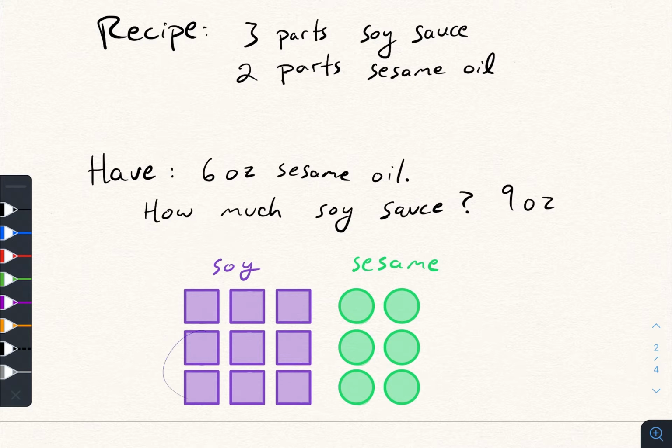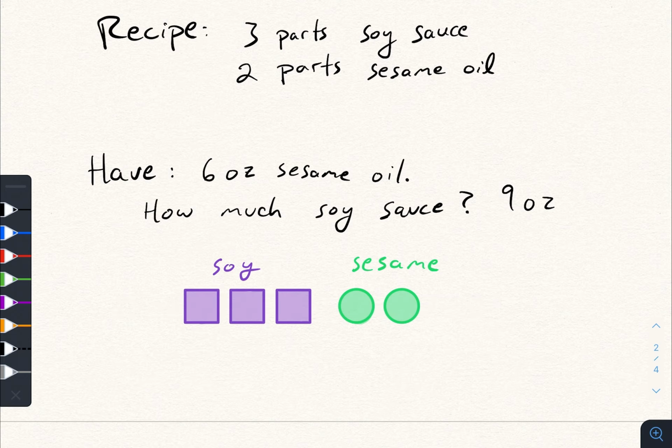Another way that you could visualize solutions here is to say, what does each of these parts have to represent? Before we were saying each part is 1 ounce, but we don't have to say that. We could say that one part is 2 ounces or 3 ounces or 4 ounces or whatever we want it to be.